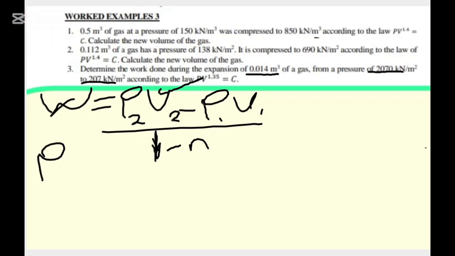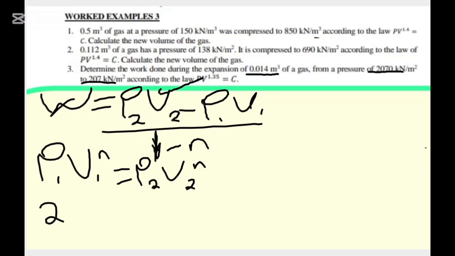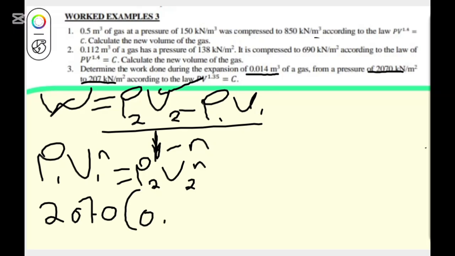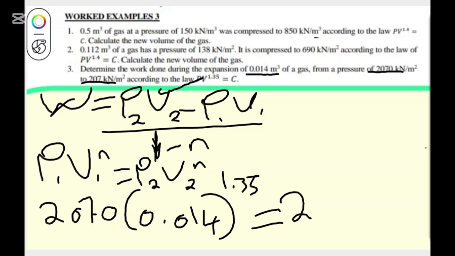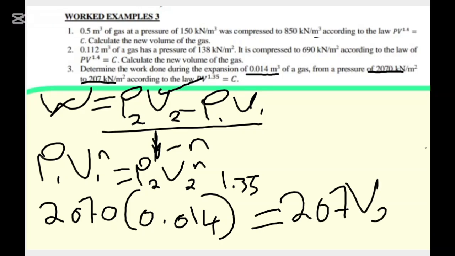Using the formula P1 V1 power n is the same thing as P2 V2 power n, we substitute: P1 is 2070 multiplied by 0.014 power 1.35, which equals P2, which is 207, times V2 power 1.35.